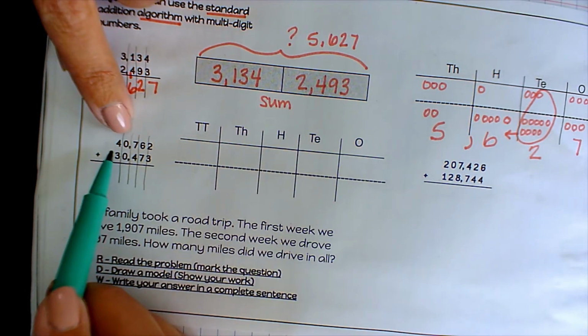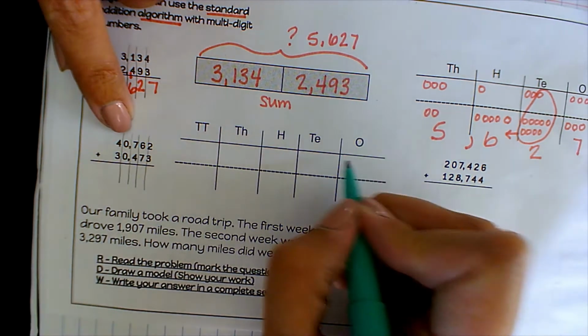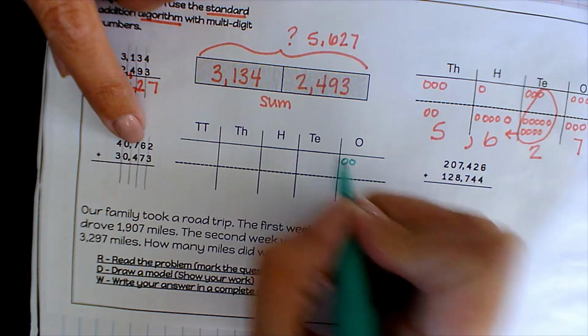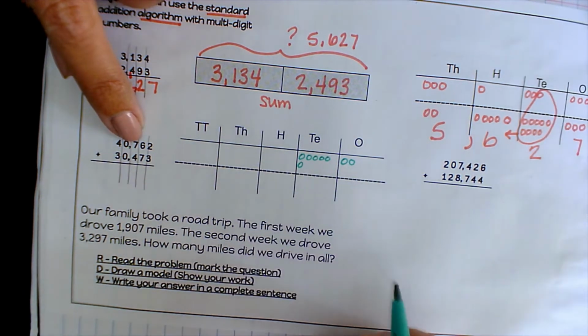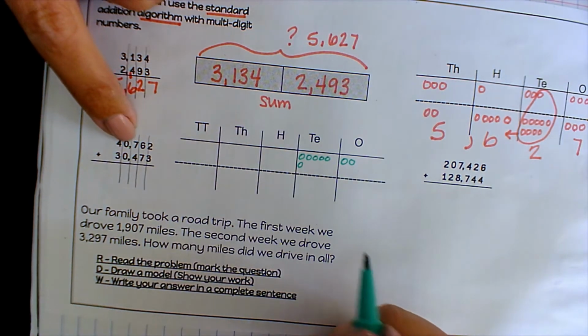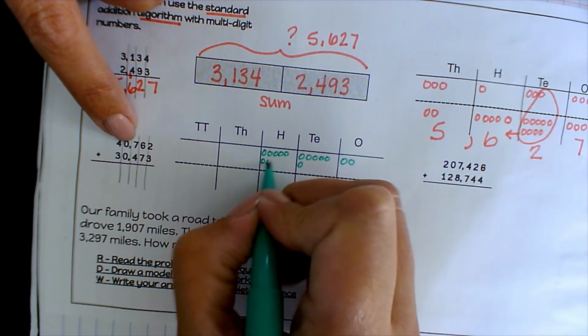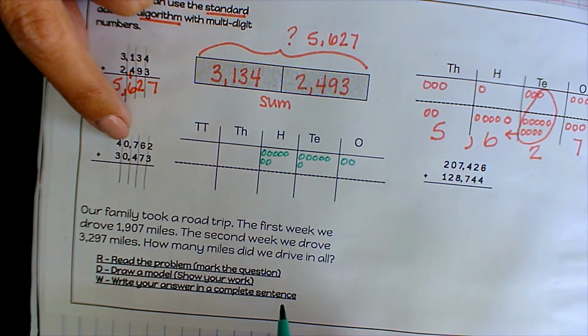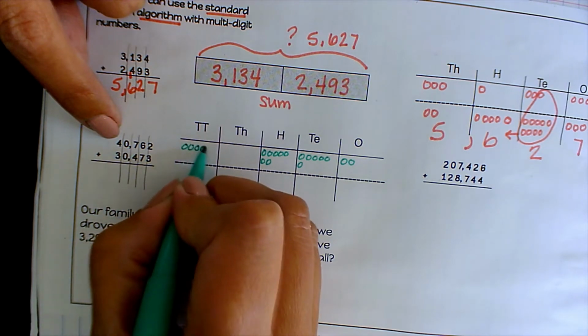So I'm going to start with my top number of 40,762. So I have 2 in my ones column. There are 6 in my tens, 5, and my 6 comes underneath. I have 7 in the hundreds, 1, 2, 3, 4, 5, 6, 7. I have 0 in the thousands, and 4 in my 10,000s.